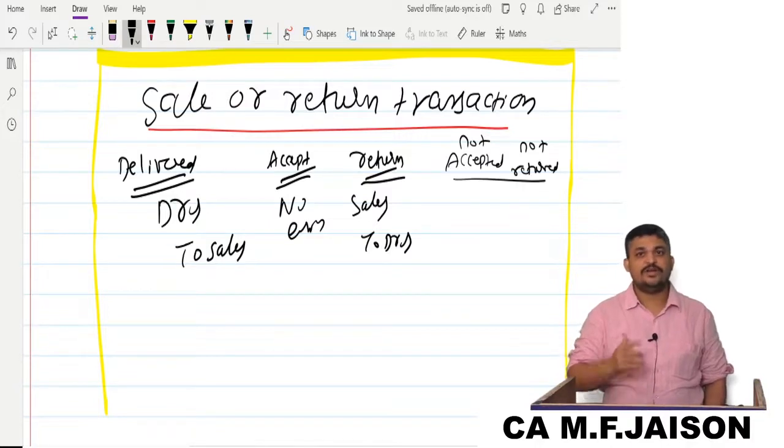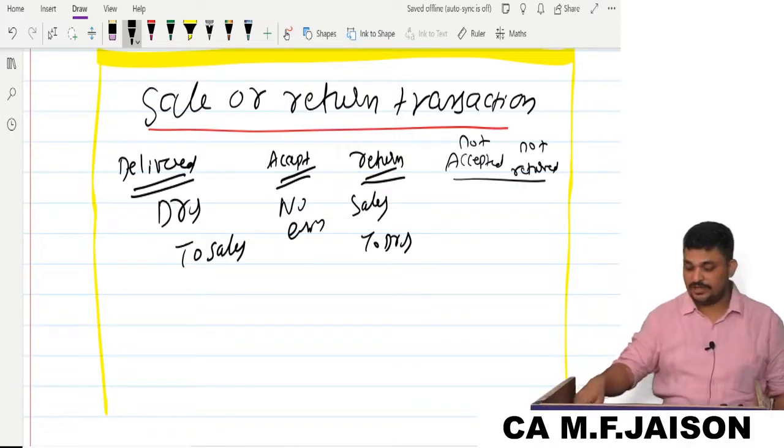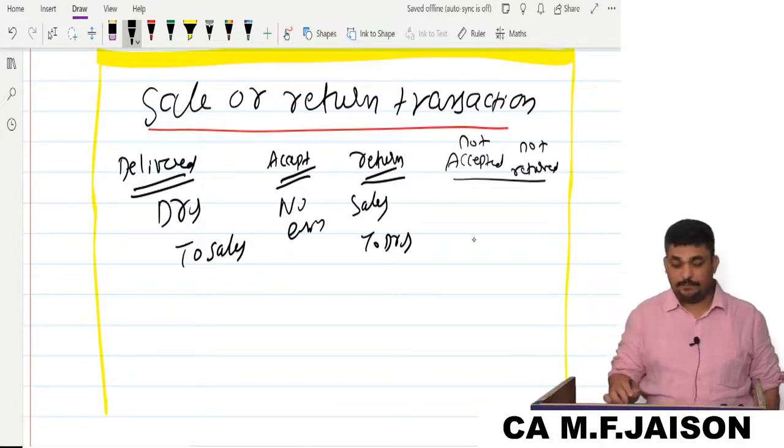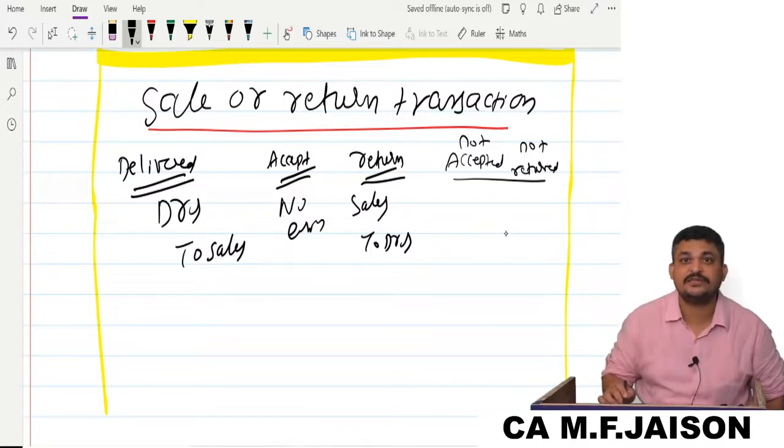In that scenario, my dear friends, if you are going to prepare financial statements, even then you should reverse the sales, because in that year, is it sales? I have delivered the goods and accounted it as sales, but on that date they have not accepted and have not returned. In future they may accept, but one thing is sure: in that year it is not sales.